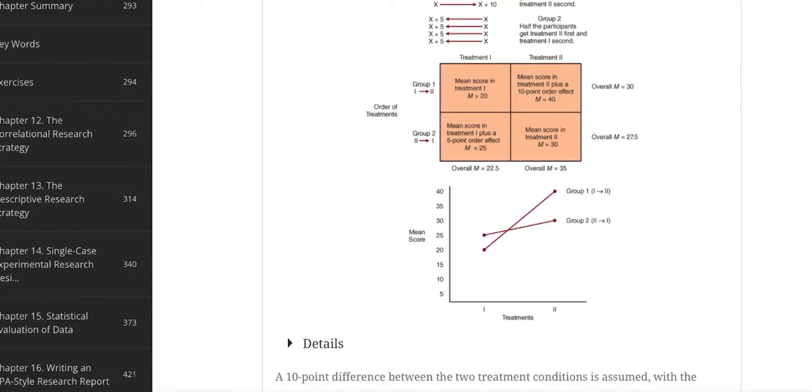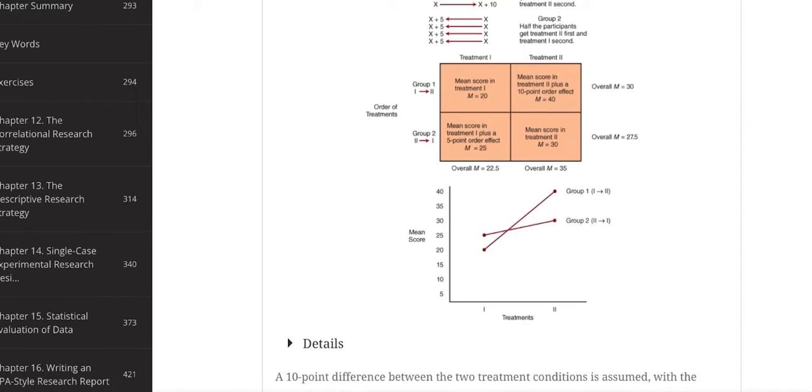But if you received treatment 2 first, it didn't have as much of an effect. It did have a little bit of a practice effect because your score increased by 5 on treatment 1 on your second measurement, but it didn't increase quite as much. And so because of that, that is non-symmetrical, right?